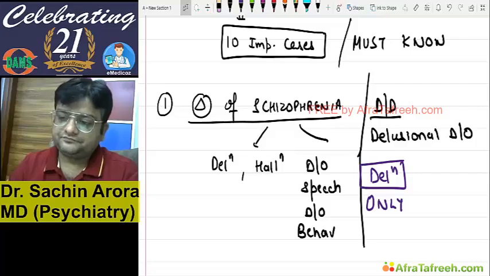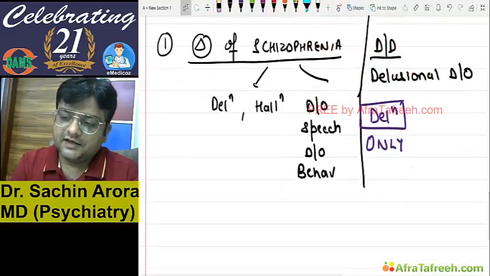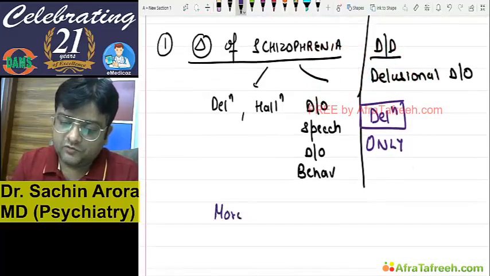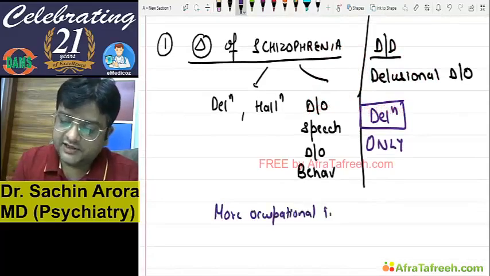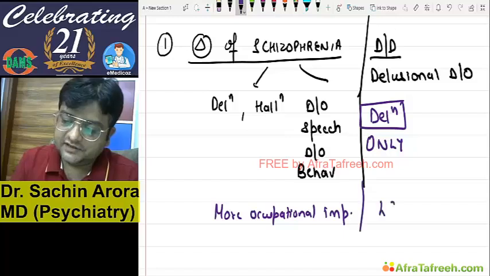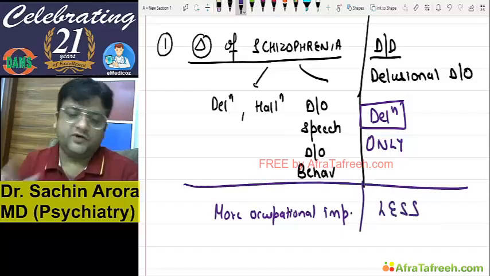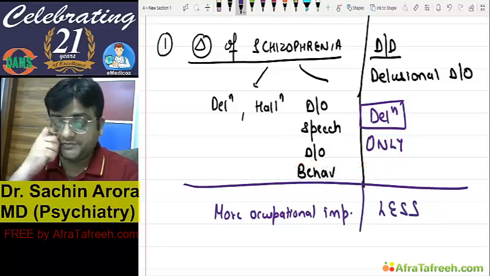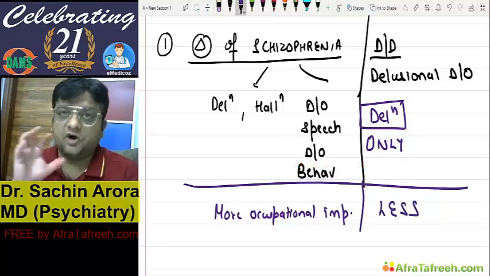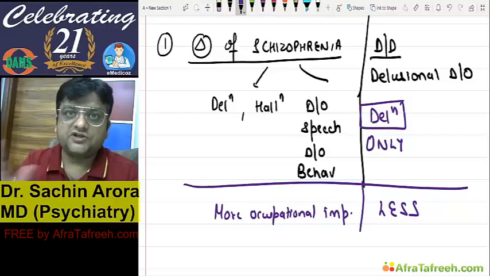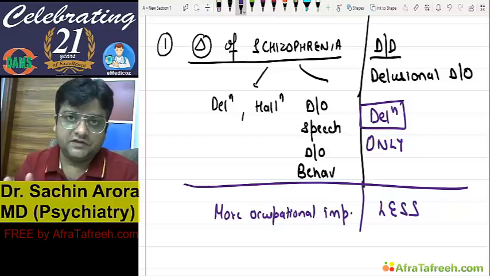Okay. It has more occupational impairment, job affection. It has less. That's all. Case number 1 finished. Only 2 points. Please remember, MCQ exam, we have to identify the options and differentiate between the two options.